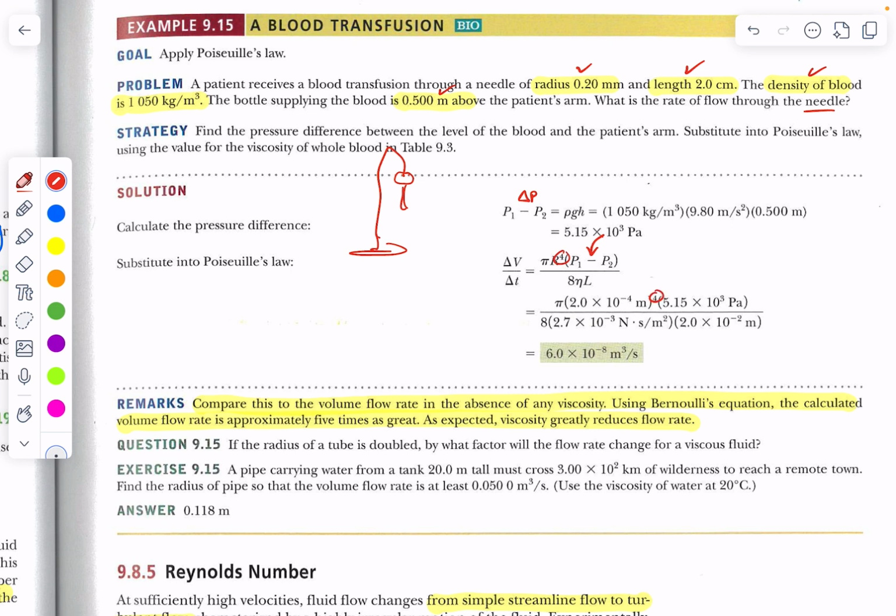That would have to be given to you; you would not intuitively know it. The same would be true for this constant 8. Here is your viscosity right there. Here is the length of your needle. When you plug all of your numbers in, it's just a complicated plug and chug problem where you have to do dimensional analysis to make sure that all of your units are consistent with the MKS system. And then you get this answer right here.